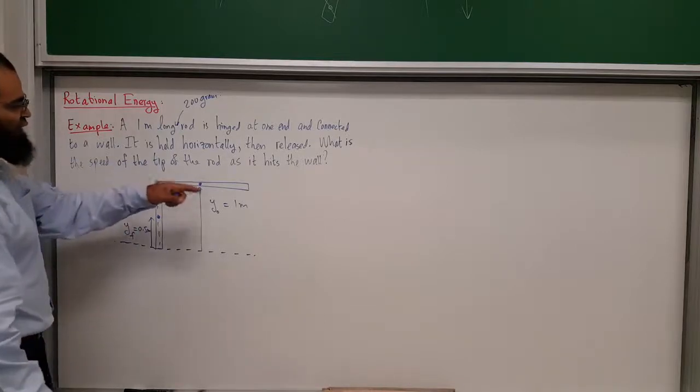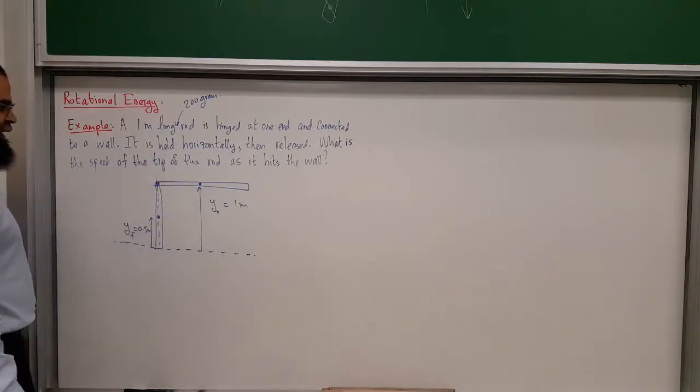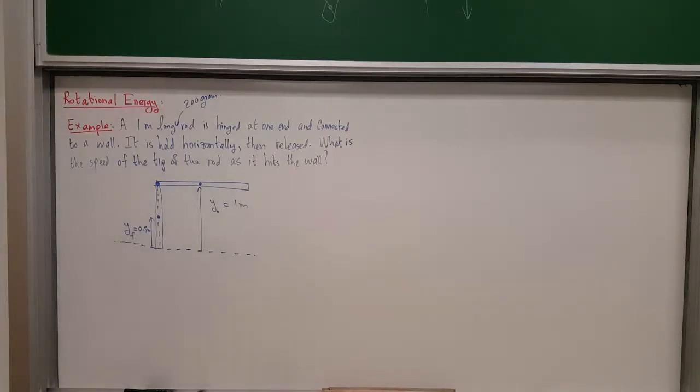You could go back and divide it into many, many masses, but let's deal with rotational energy. Here the rod is hinged about its left end, and therefore the moment of inertia will be the moment of inertia for the rod about its end.